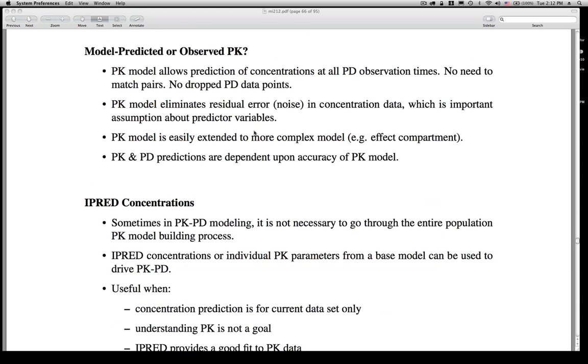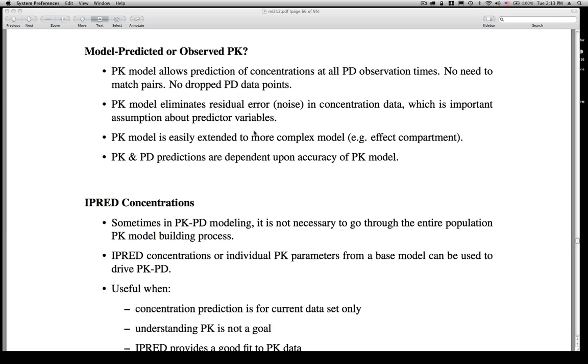Now, sometimes there's a discussion, if you have observed data, why build the PK model? Why use model predicted? And so this is a judgment call, and there's a few factors that would allow you to make that decision. But you've got to weigh those factors. Number one, the nice thing about using the model is that a pharmacokinetic model allows you to make predictions of concentrations at all of the pharmacodynamic observation times.